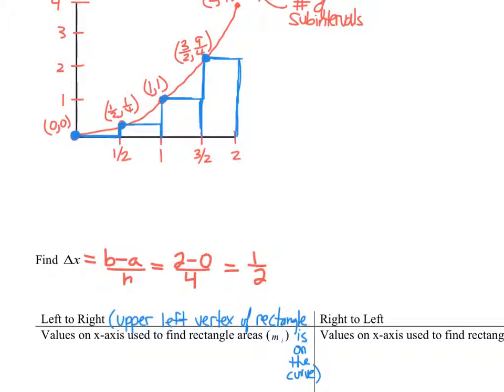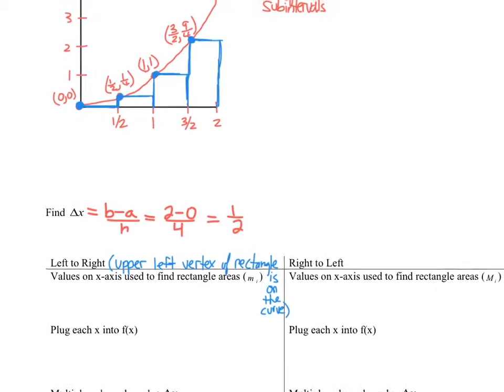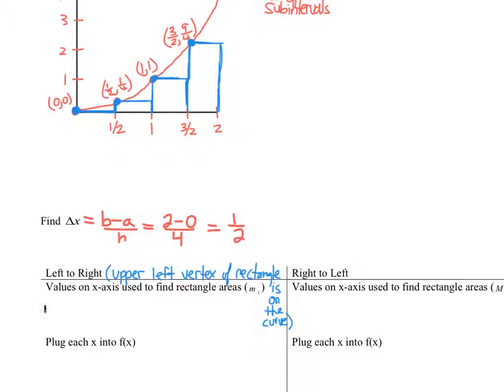But the m sub I values are the x values that are used as the upper left-hand vertices of your rectangles. So m sub I would be 0, 1/2, 1, and 3/2.